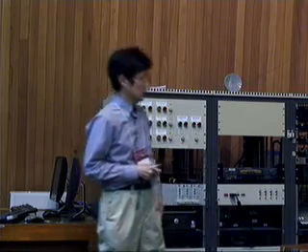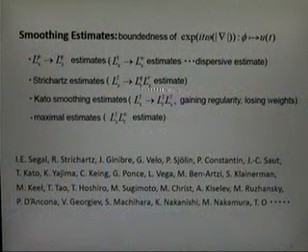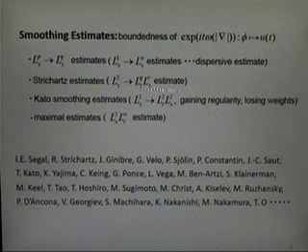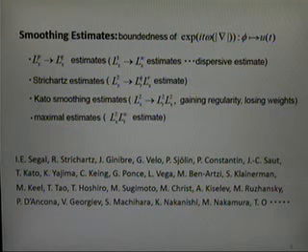There are a number of types of smoothing estimates. They are related to the boundedness or mapping properties of the free propagator from the initial state to the solution at time t.